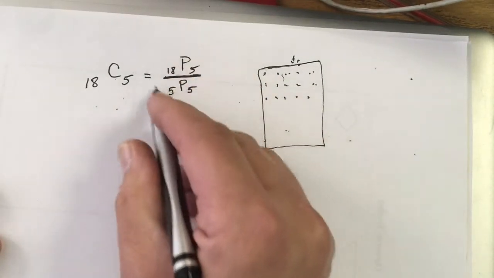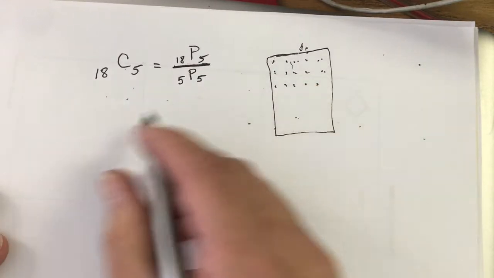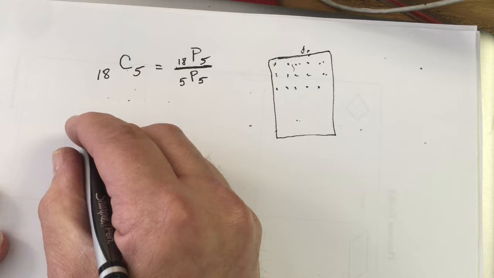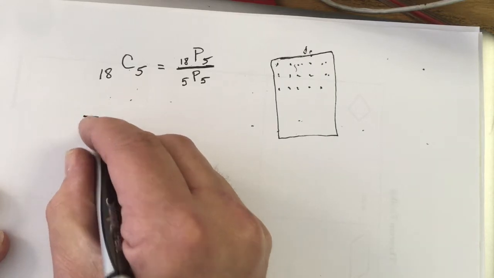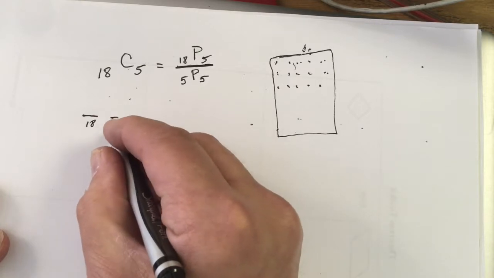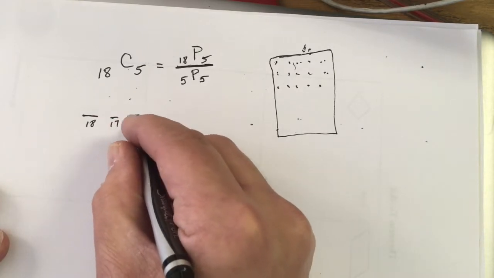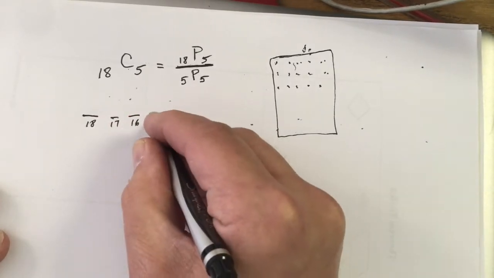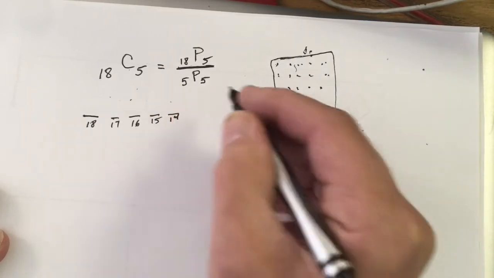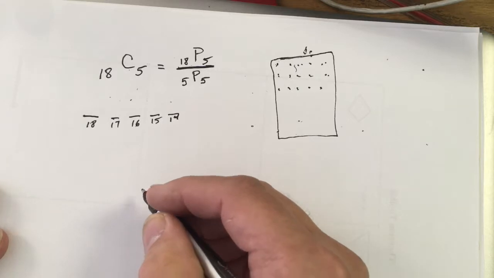Now, permutation is easy enough to think about. If I have 18 things and I'm going to choose 5, there's 18 ways to choose the first one, 17 ways to choose the second one, 16 ways to choose the third one, 15 ways to choose the fourth one, and 14 ways to choose the last one.